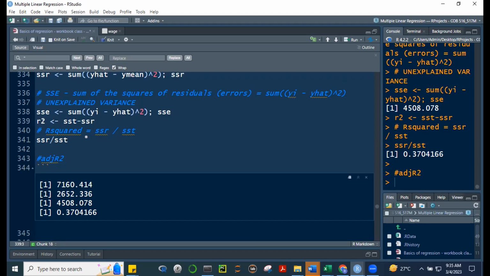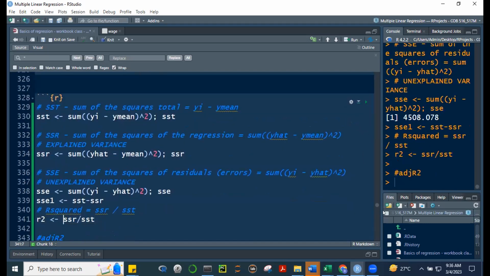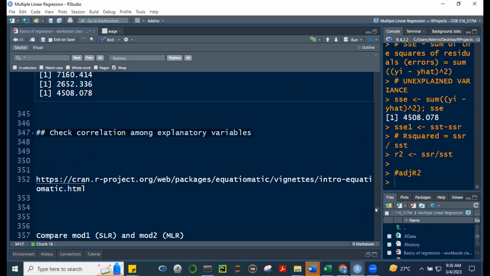Sorry. This is not R squared. This is R squared. It's a proportion of the sum of the squares residual regression divided by total.